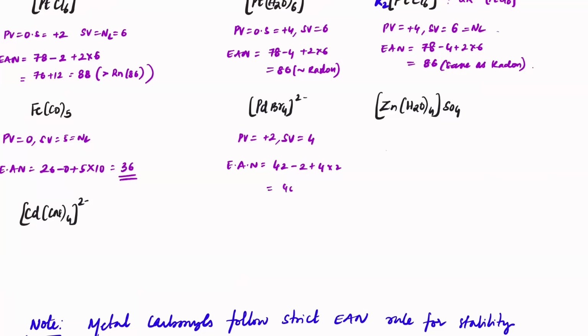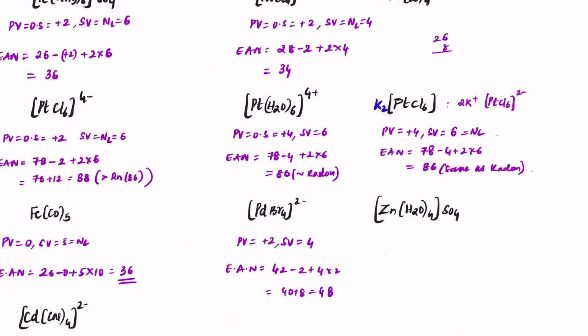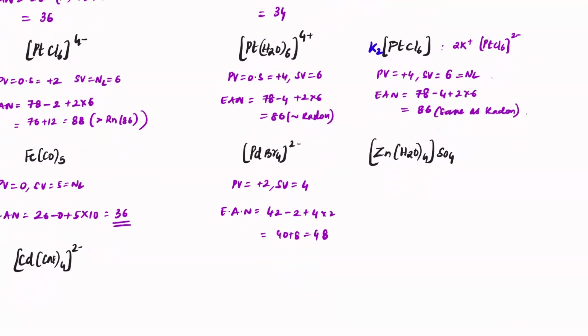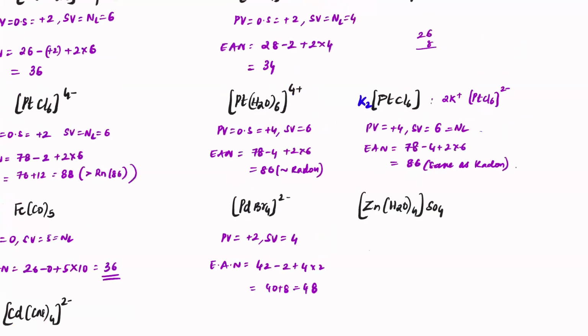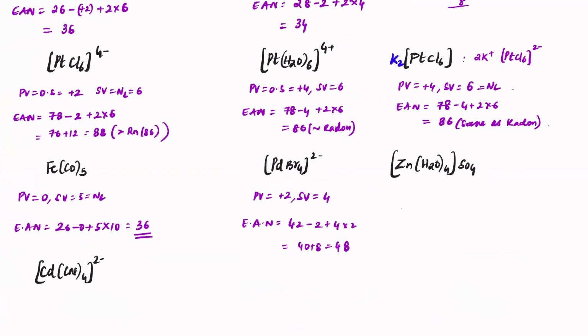So that makes it 44 plus 8, which is 52. Got it? Now, what is the nearest one? Nearest one in this case will be xenon, which is 54. So you have to add another 2.